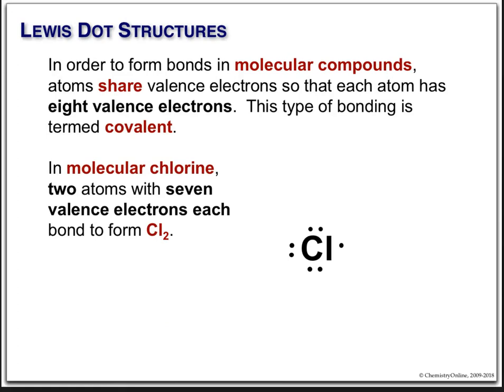Now, we used Lewis structures to make ions, right? I told you a long time ago that there were 2 types of bonding. One was going to be ionic. It would involve ions, like we just made. The other was going to be covalent, or shared.